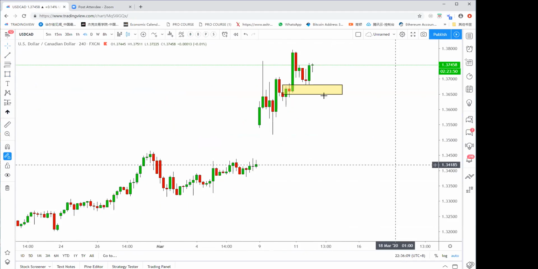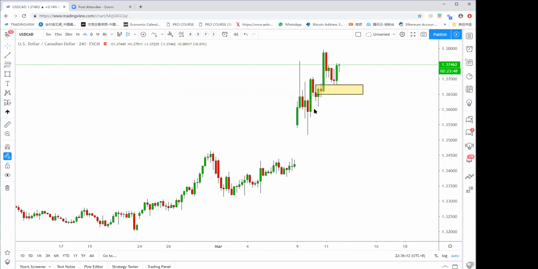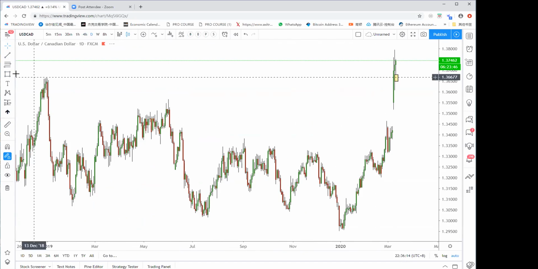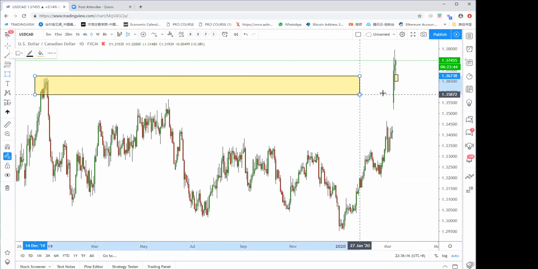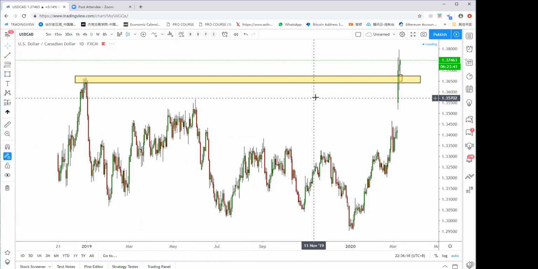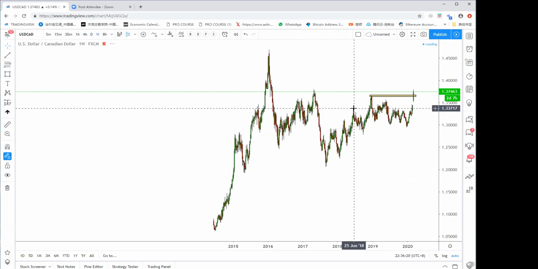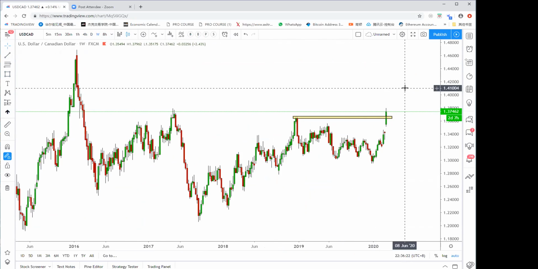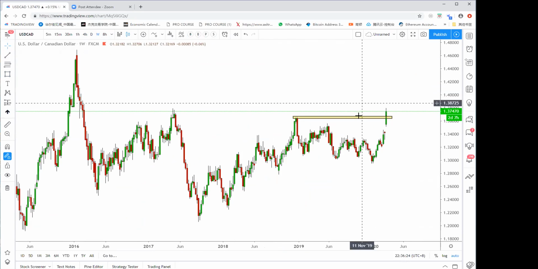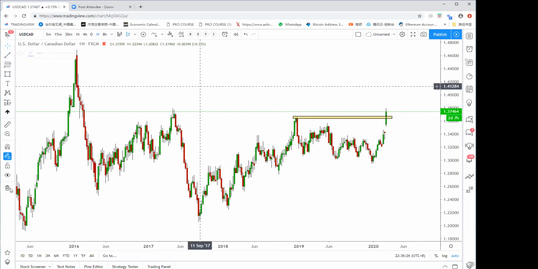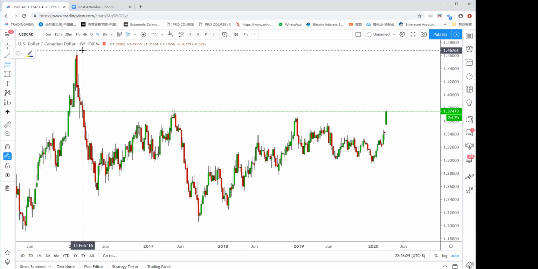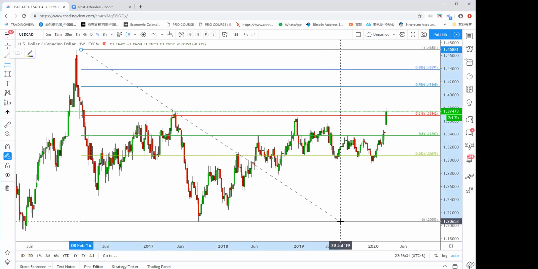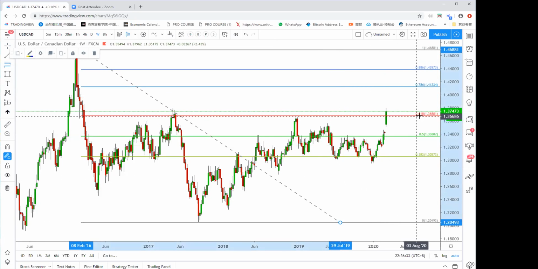Dollar Canadian found support from 1.35. Now the resistance was broken here. This resistance was broken, so I think the dollar Canadian aims at 1.40. If you use the Fibonacci level, you can see the dollar Canadian has already passed the 618. It may test the 76.